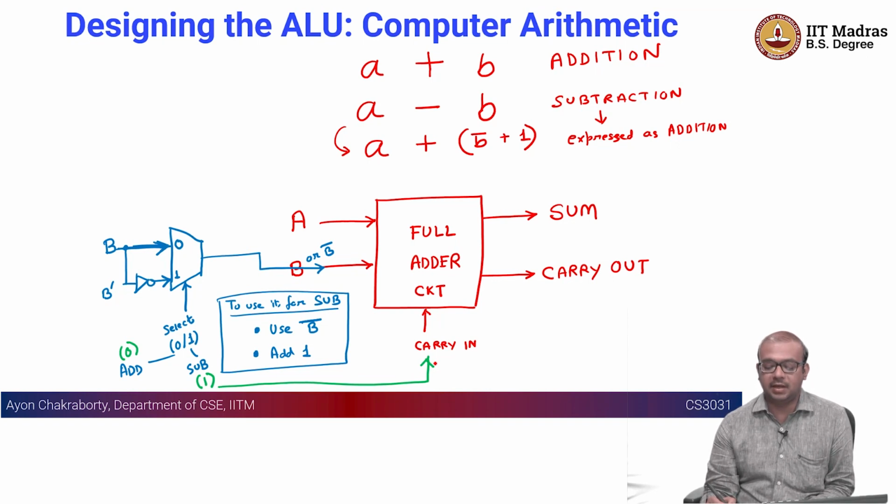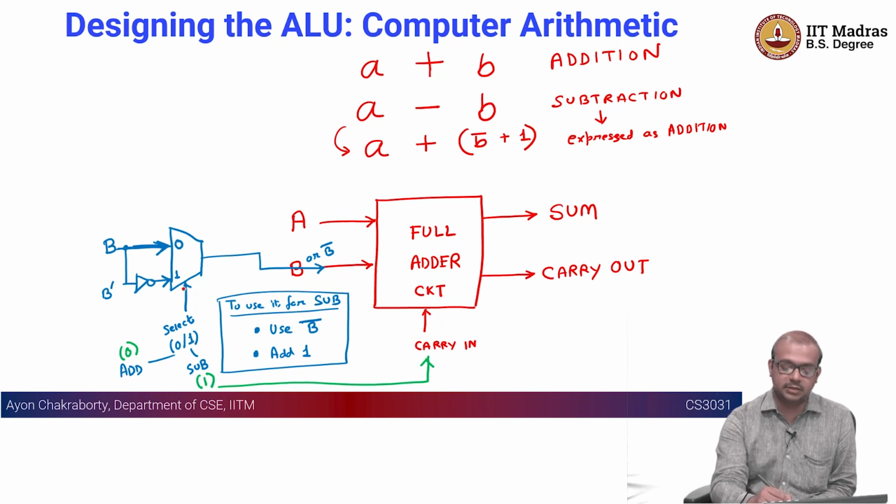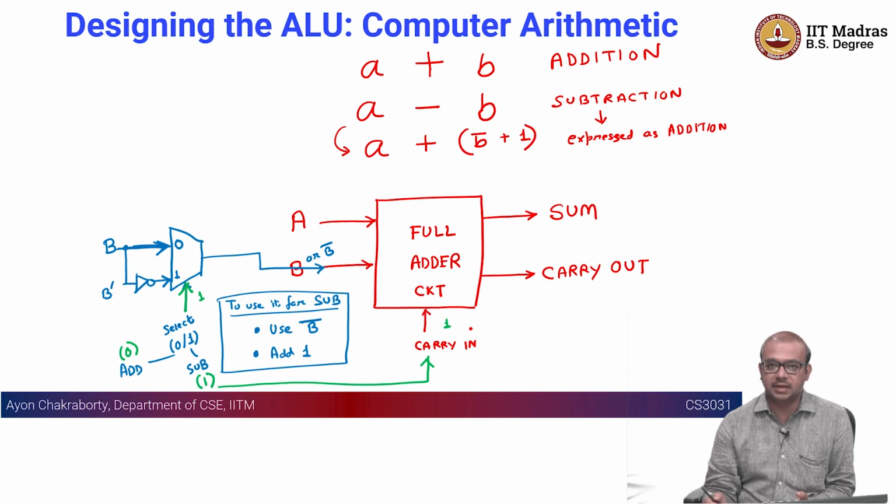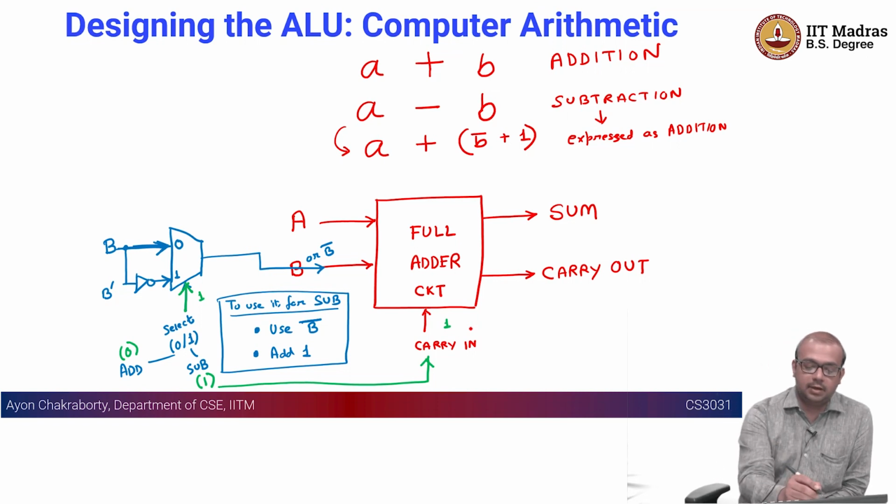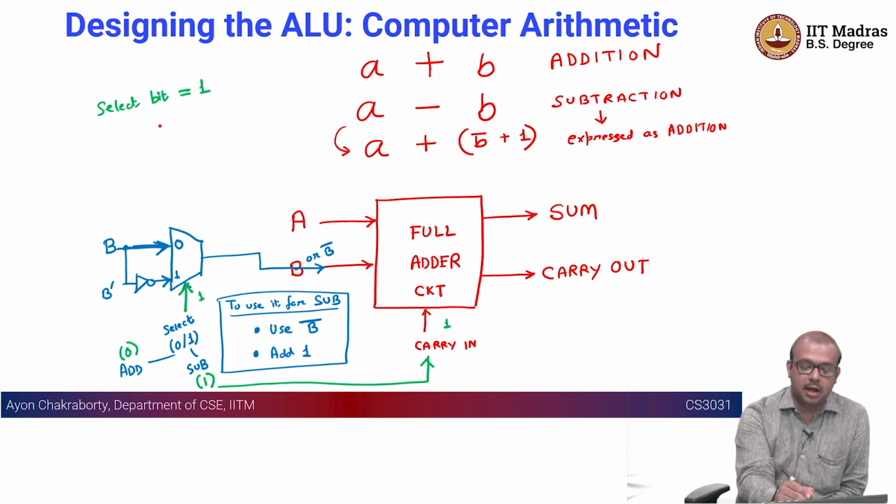So if I have A and B, if I do subtraction, the bit is equal to 1, which is the select line here, this is going to be 1 and this is also going to be 1. Then what is the output? The output is going to be A plus B bar plus 1, right? So if the select bit is equal to 1, I basically do A plus B bar plus 1.